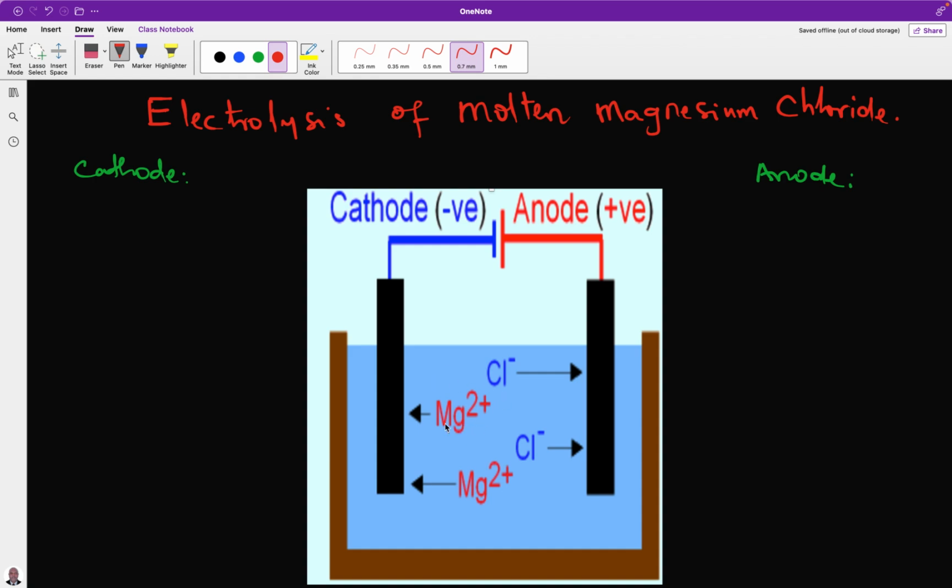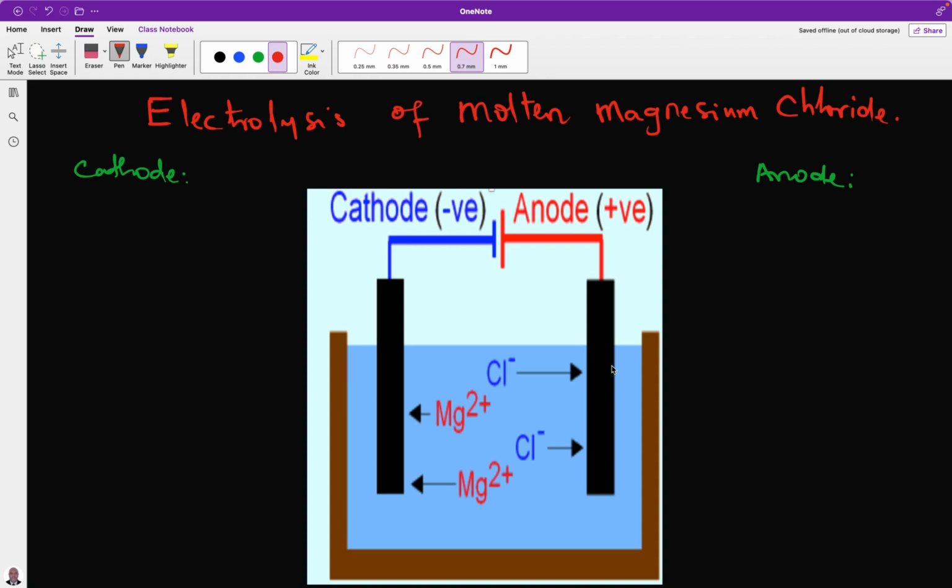So magnesium ion will be attracted to the cathode. Meanwhile, the chloride ions are attracted to the anode. So let's write our half equations, for what is occurring at the cathode and what is also occurring at the anode.